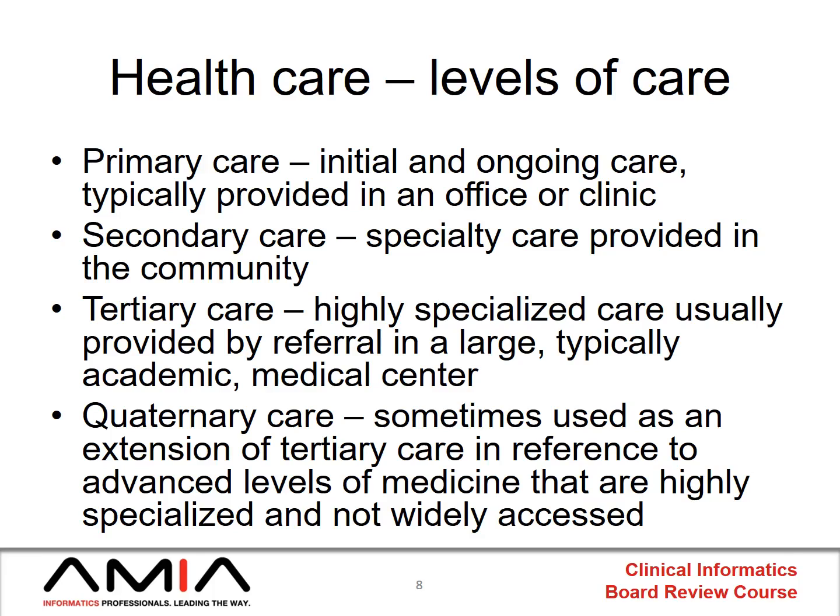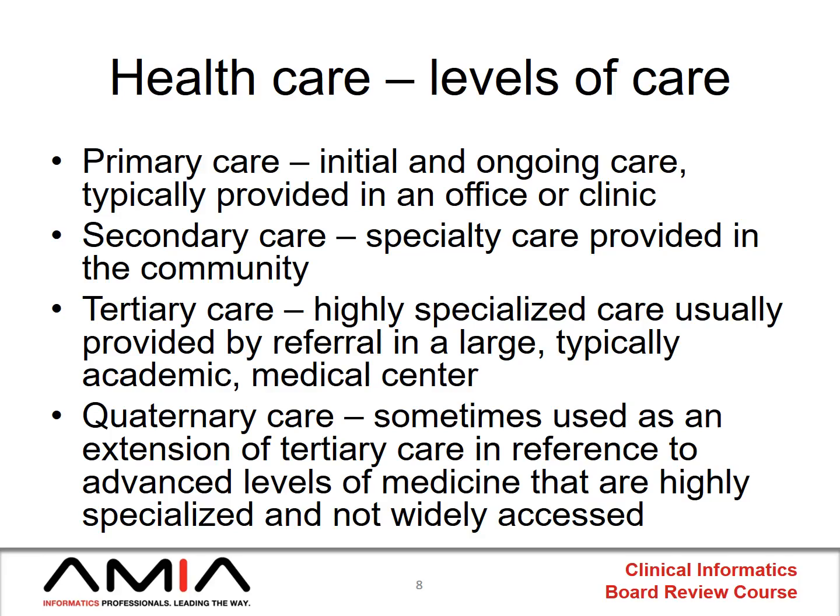Secondary care is the specialty care that's provided in the community. For example, surgery or other kinds of procedures that take place relatively close within the community to where a patient lives. Tertiary care is highly specialized care that's usually provided by referral in a large, typically academic medical center, and quaternary care is sometimes used to describe an extension to tertiary care where there are advanced levels of medicine that are highly specialized and not widely accessed.